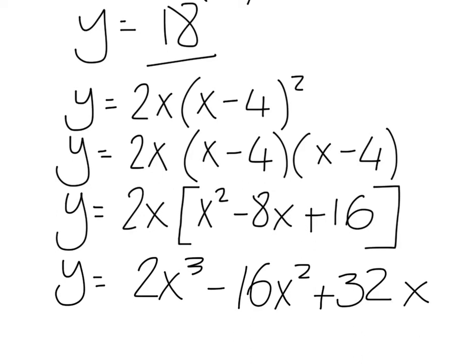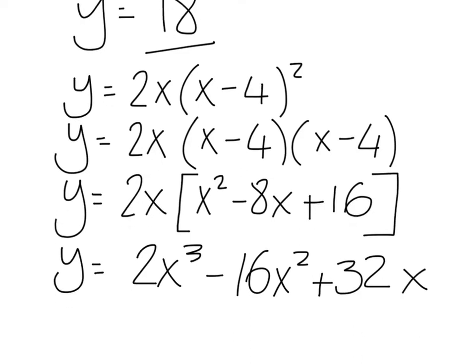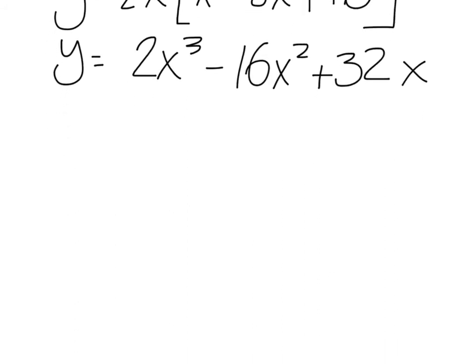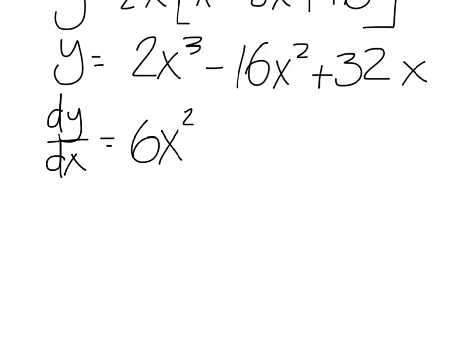We now have something that's ready to be differentiated, so we can go ahead and do that. So dy by dx equals 3 times 2 is 6x, take 1 away from the power is 2. 2 times 16 is 32, and then just x, removing 1 from the power, and then just 32 at the end.